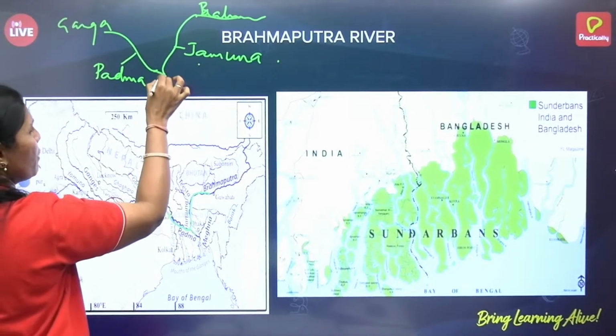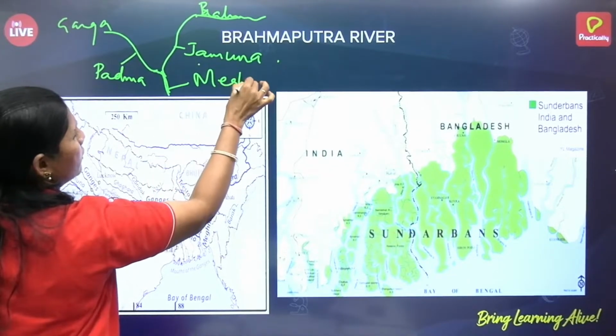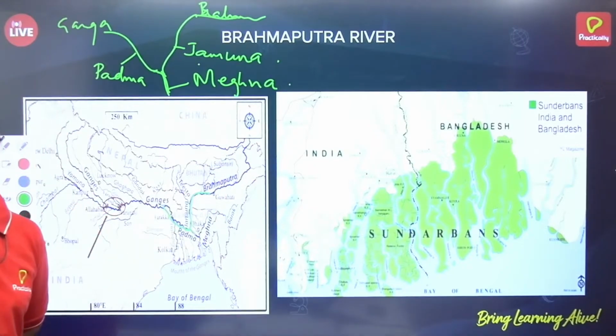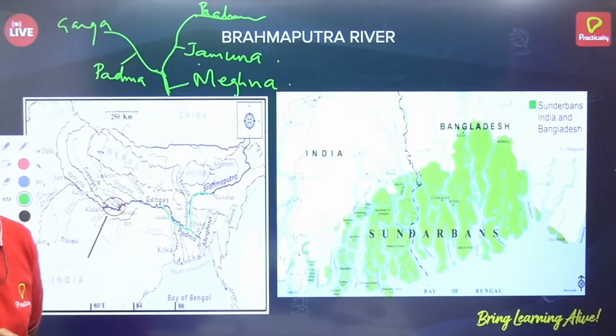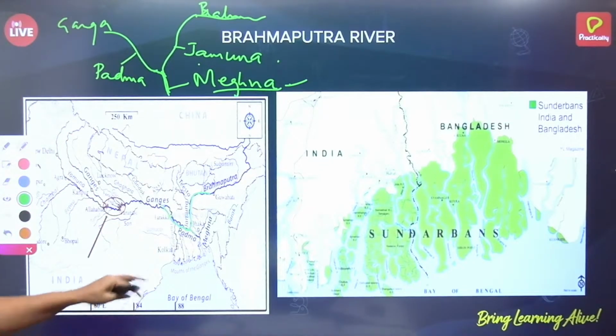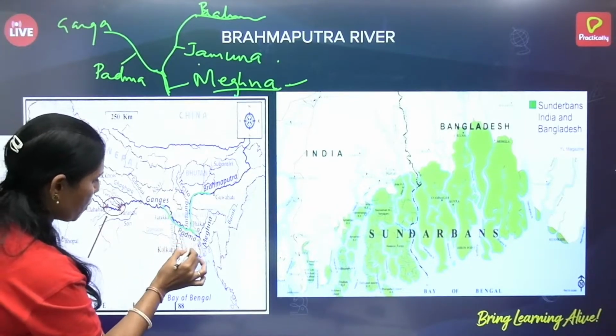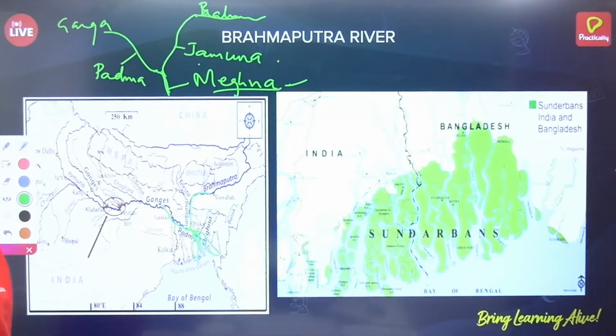After both of them join, it is called Meghna. Please note these points. After the confluence, we call it Meghna, and Ganga and Brahmaputra form a delta here at the end of the course.